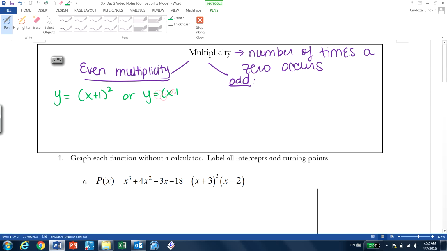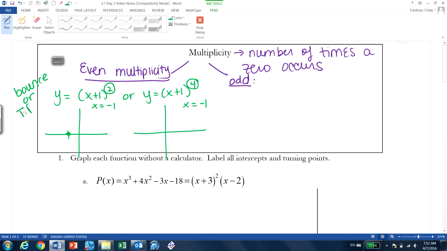if I have these two functions, notice that the exponents are both even. And so when I'm graphing this, x is equal to -1 in both of these. And so what ends up happening is when the exponent is even, instead of going straight through the x-axis, I like to call it either a bounce or a turning point.